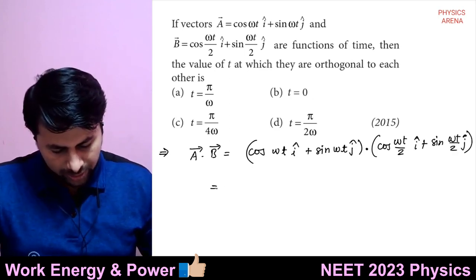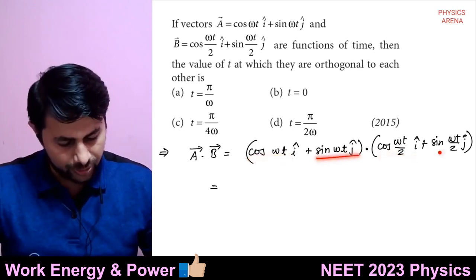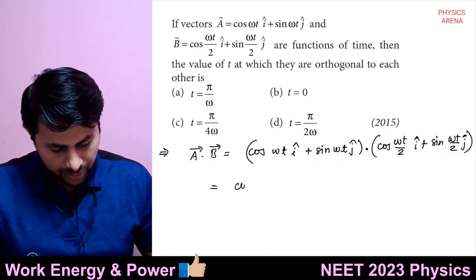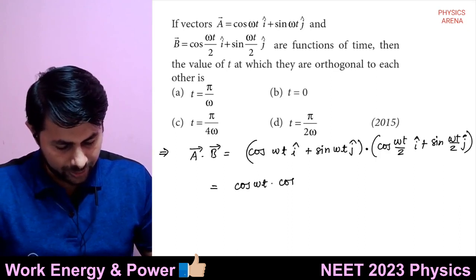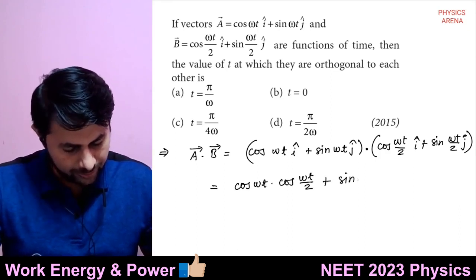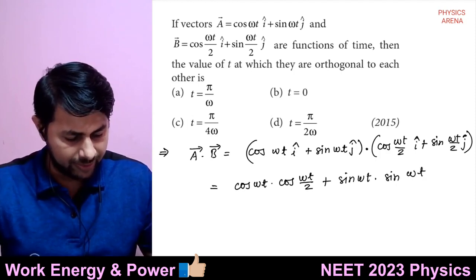Take the dot product. So x component with x component, y component with y component. So this is equal to cos of omega t multiplied by cos of omega t by 2 plus sine of omega t multiplied by sine of omega t by 2.